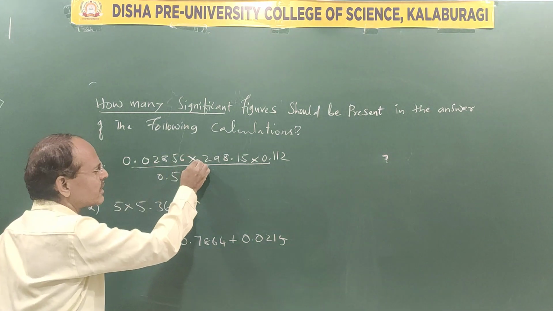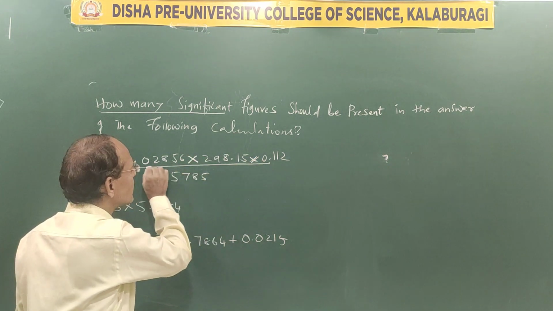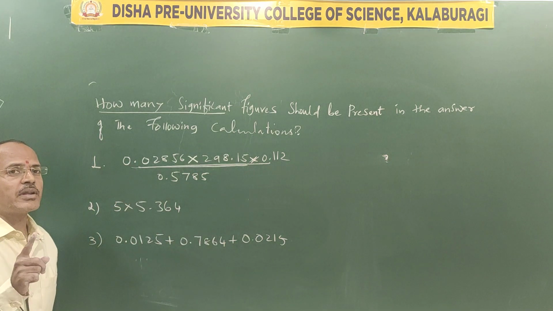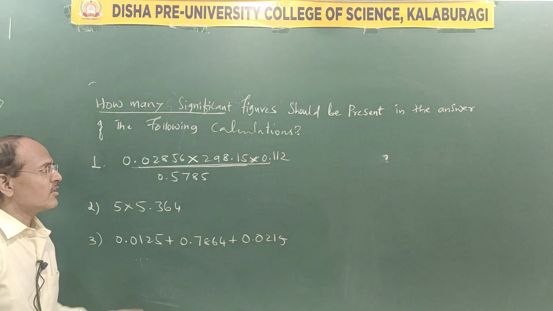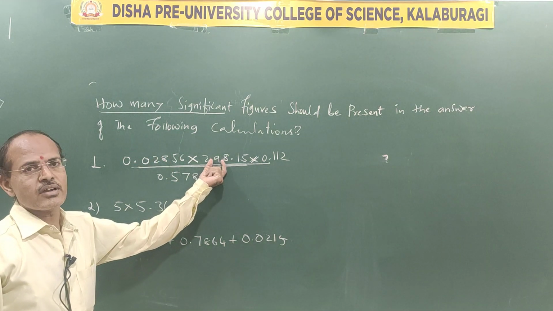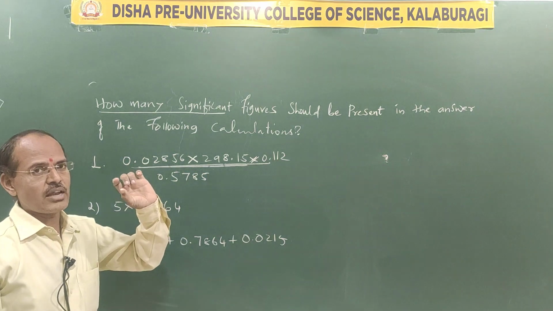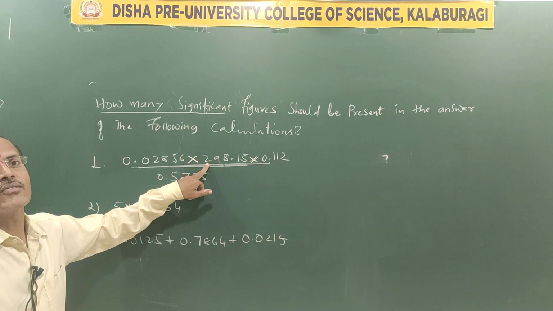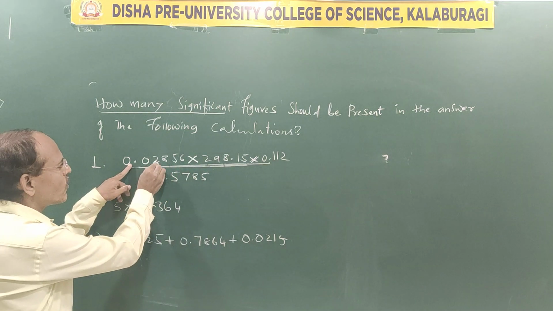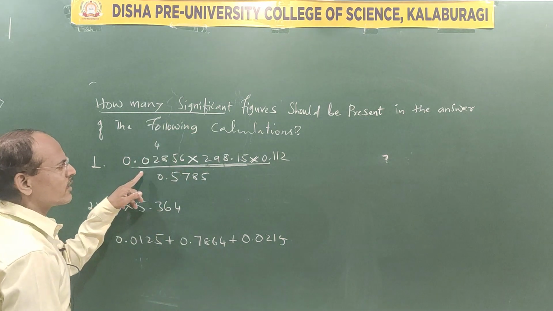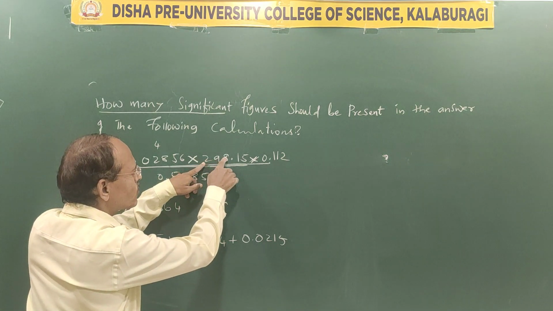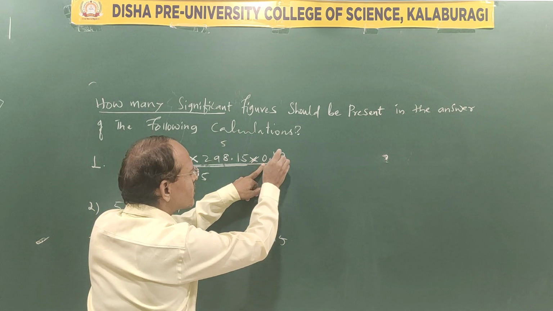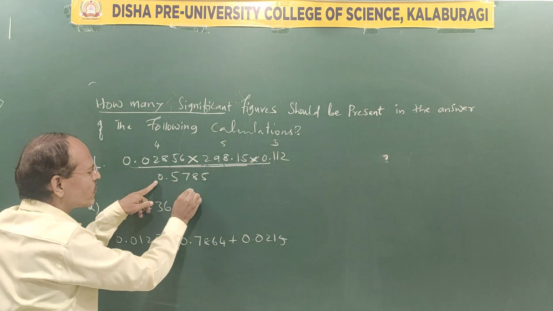What we want to know is how many significant figures should be present in the following calculations. Now here it is multiplication along with division. You just recall, in case of multiplication and division, select that value which contains the lowest number of significant figures. So here 1, 2, 3, 4 significant figures are there. In this 1, 2, 3, 4, 5 significant figures. In this 1, 2, 3. In this 4 significant figures.